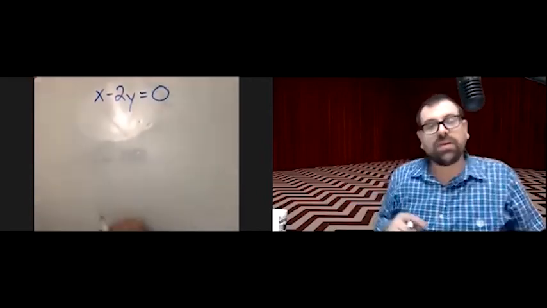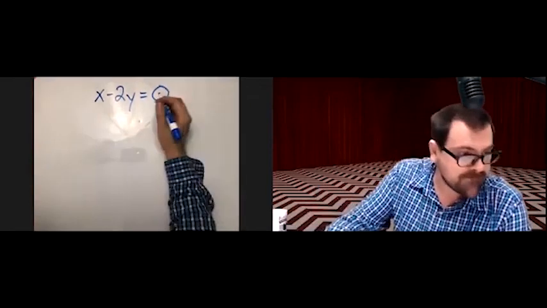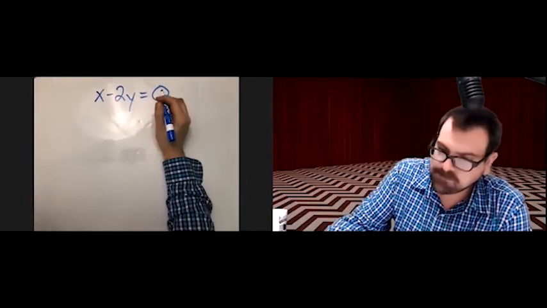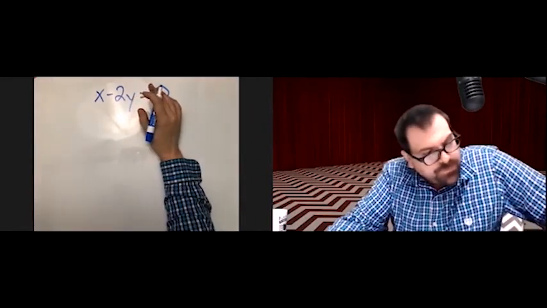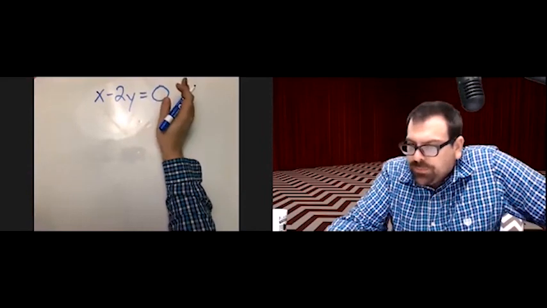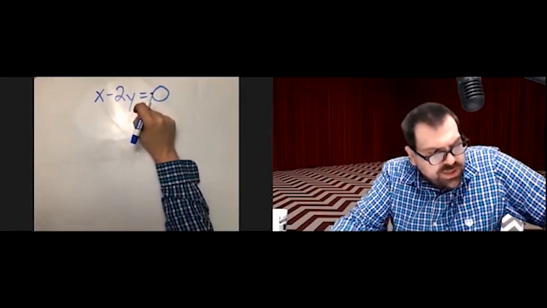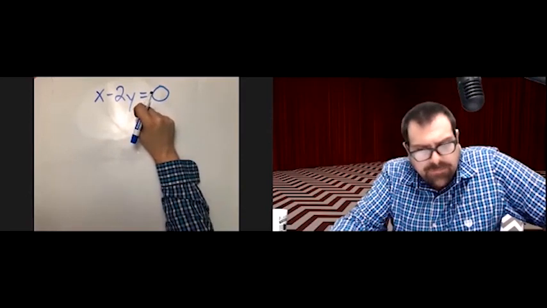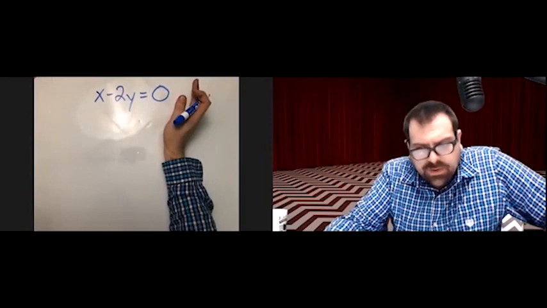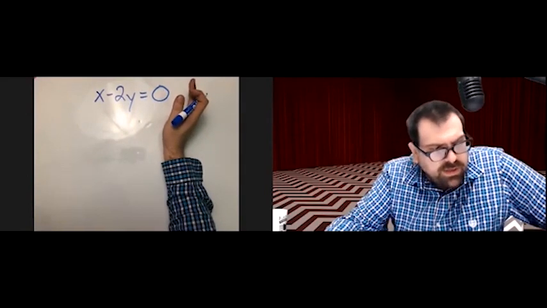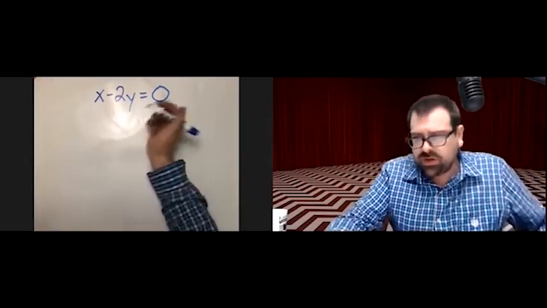Let's do the same thing with x minus 2y equals 0. Well, what we can do is solve this equation for y. Now, why would we do that? Well, it'll allow us to pick our x's and then plug them in. Here, I'll show you.